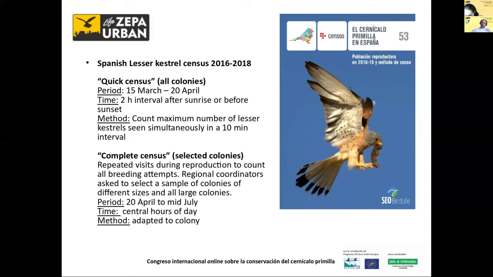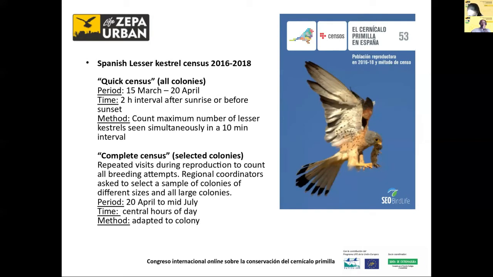At the same time, for selected colonies, we performed a complete census. For this, repeated visits had to be made during reproduction to count all breeding attempts. Regional coordinators were asked to select a sample of colonies of different sizes, and at the same time, at least all large colonies.